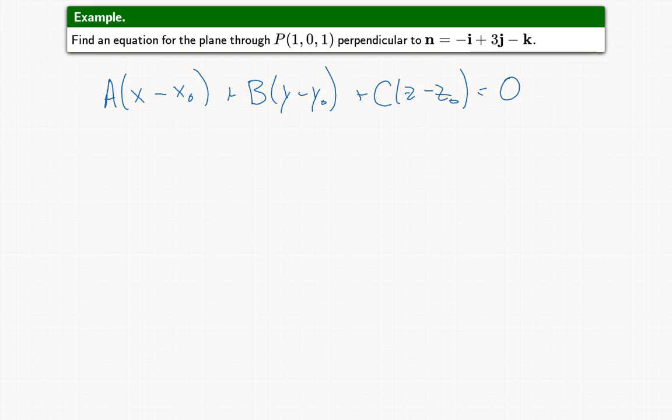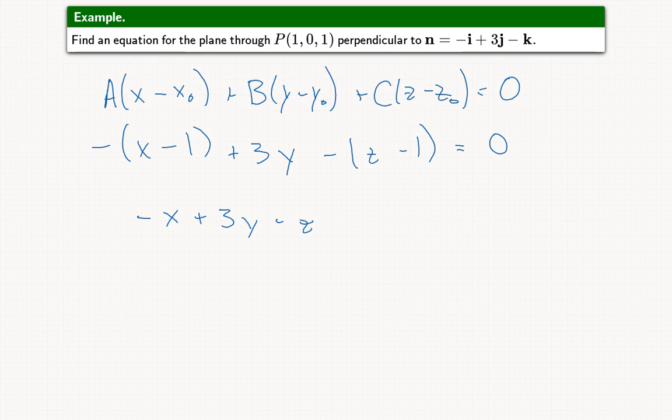So our values tell us that negative (x minus 1) plus 3y minus (z minus 1) is equal to 0. And now if we bring the constants to the other side, we get the equation negative x plus 3y minus z is equal to negative 2.